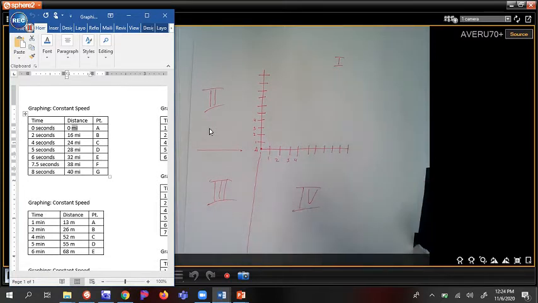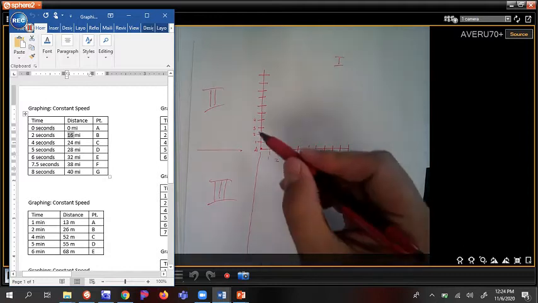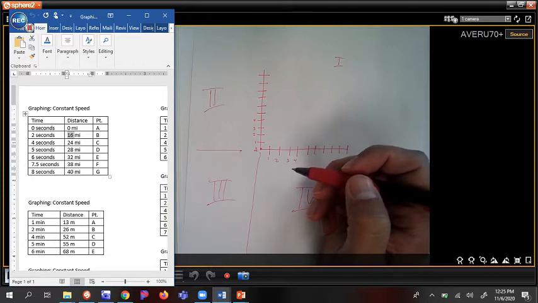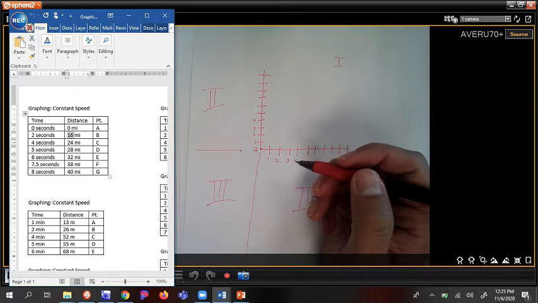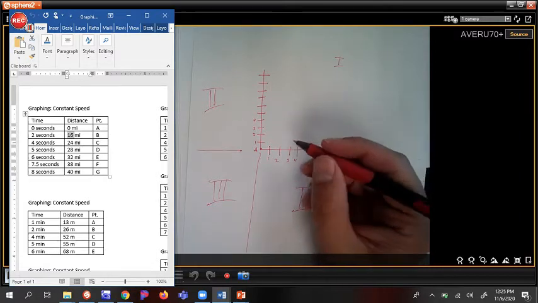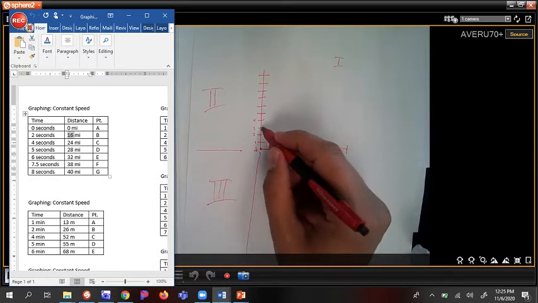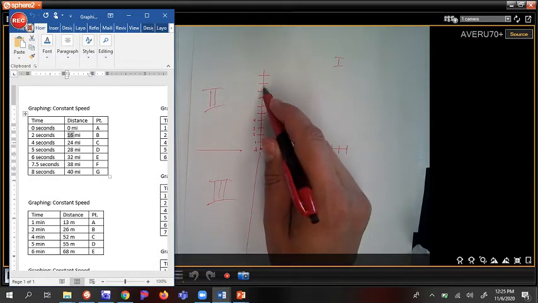Now I'm looking at my next one. I've got 2 seconds, and I've got 16 miles. Well, whoa, wait a second, I don't have 16 dots up here. I've got 10 dots. Let's see if maybe I can mark those into 5s. That might make that work a little bit easier for me. 5, 10, 15, 20, 25, 30, 35, 40, 45, 50.